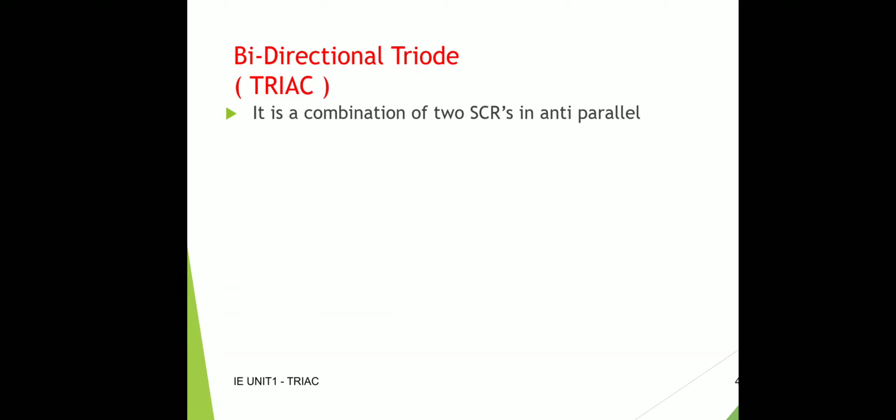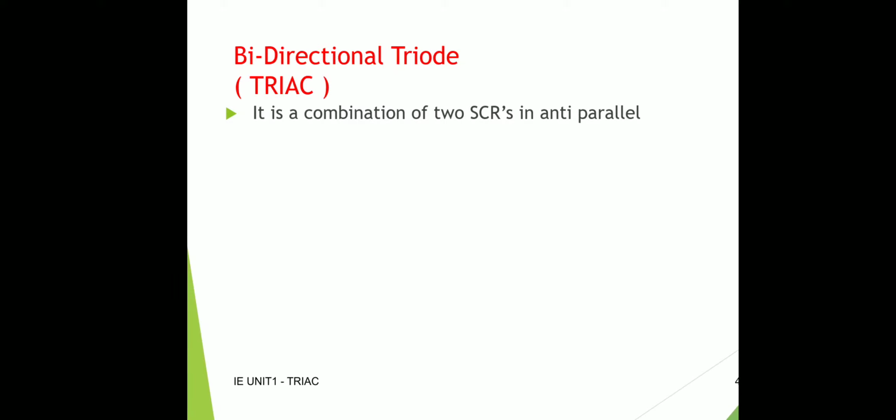The basic device in the thyristor power electronic family is the SCR. What is an SCR? Already we discussed it in the previous videos. SCR is a silicon controlled rectifier. It is a controlling device used as a switching device in AC and DC operations, and in rectifiers for controlling voltages. The SCR has three terminals: anode, cathode and gate.